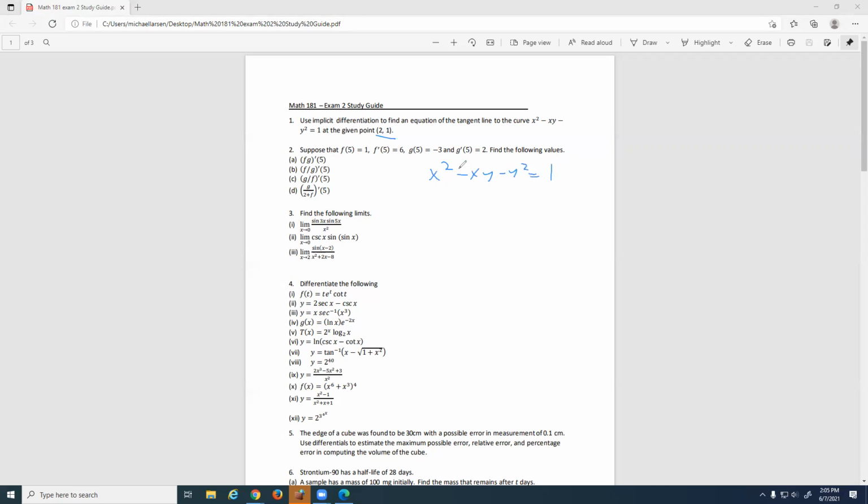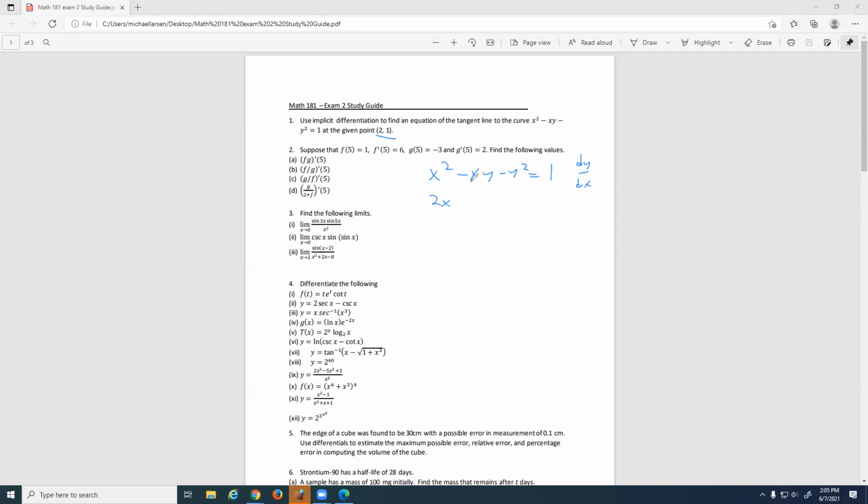So first, we're going to want to find the derivative, or dy/dx, using implicit differentiation. The way we're going to do that is just differentiate each term, and remember to use the chain rule with our y's. For our first term, the derivative of x squared should just be 2x. For this middle term here, we're actually going to have to use the product rule.